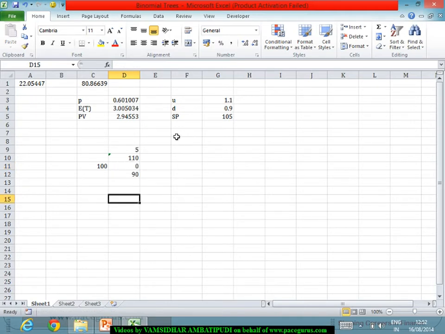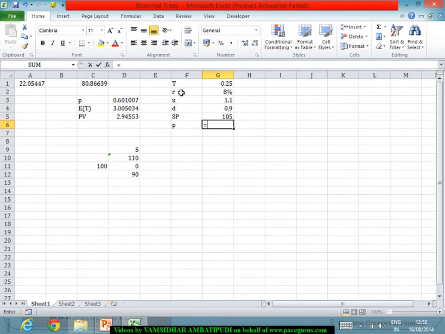At the same time, I would be finding the probability of upward movement, assuming the risk-free rate of return is 8% and the time to maturity is 0.25 years.